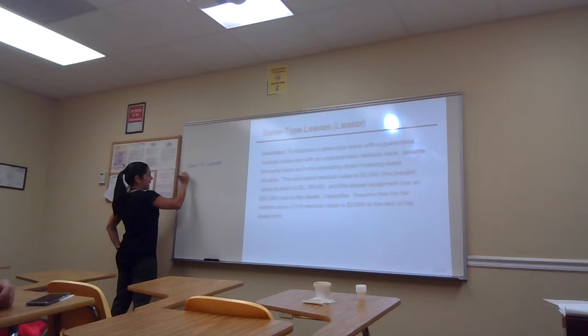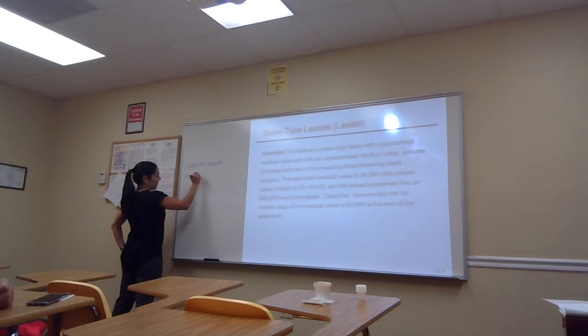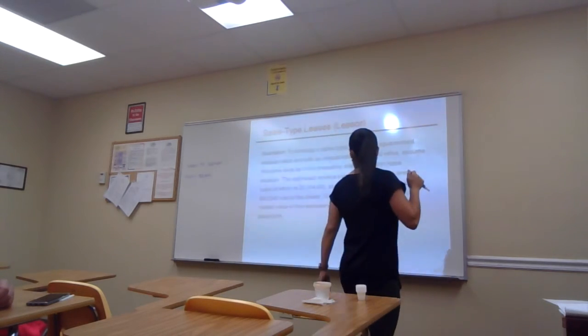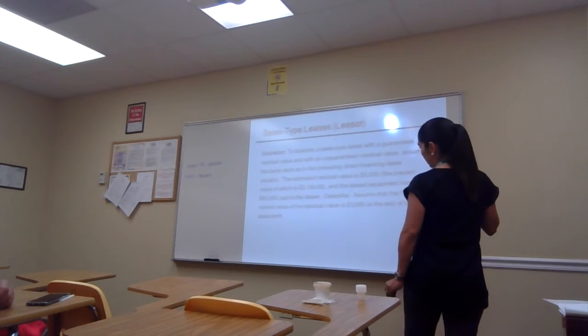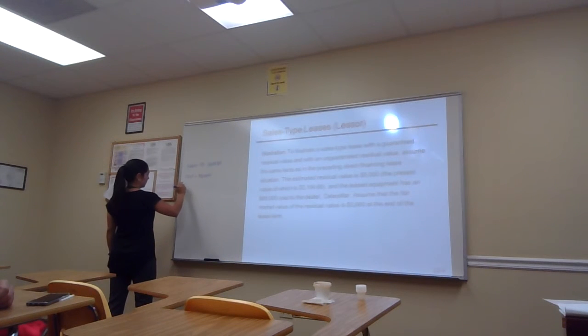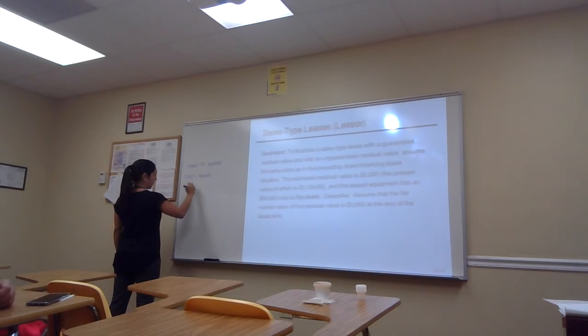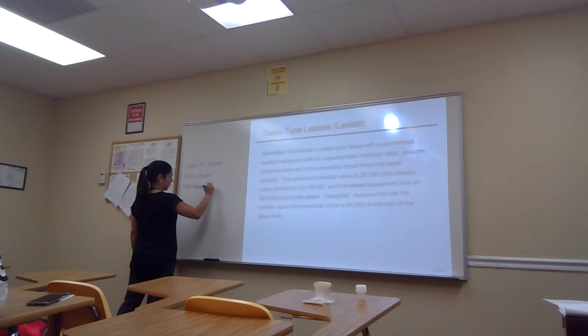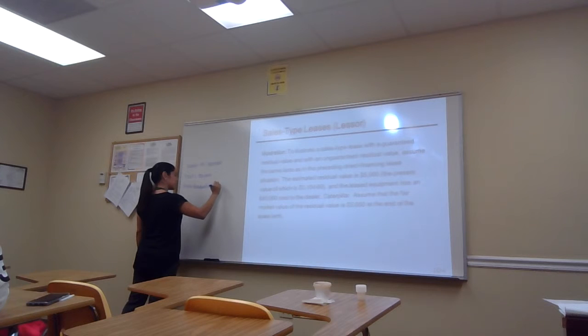The cost of the equipment is 85,000. Why is that important? Because we need that for our sales minus our cost of goods sold. And it's assumed that the fair market value of the residual value is 3,000 at the end.